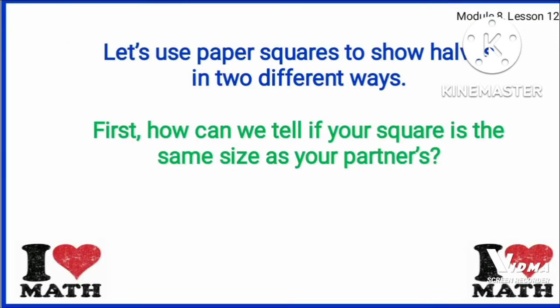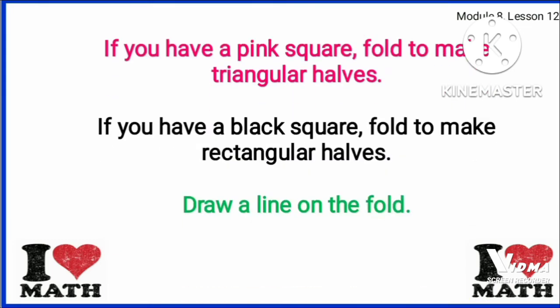Let's use paper squares to show halves in two different ways. First, how can we tell if your square is the same size as your partner's? If you have a pink square, fold to make triangular halves. And if you have a black square, fold to make rectangular halves.